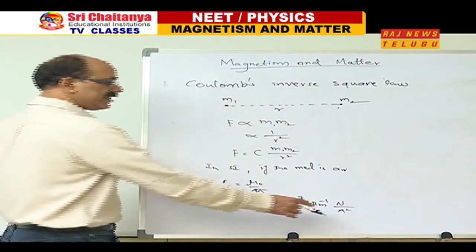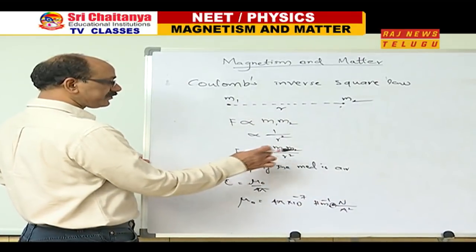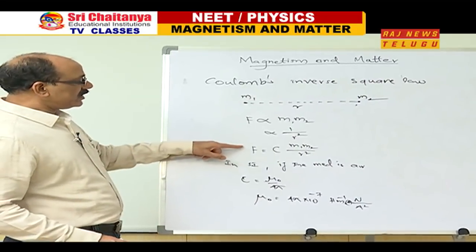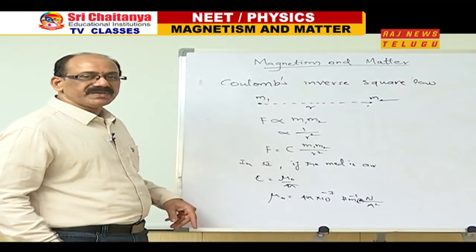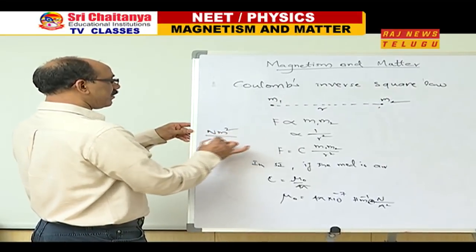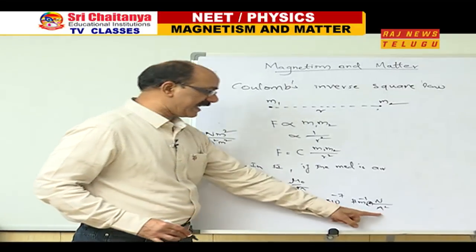The units we can get from this. Here C is F r square by m1 m2. Here m1 and m2 are measured in ampere meter, therefore it is Newton meter square by ampere square meter square, hence it becomes Newton per ampere square.